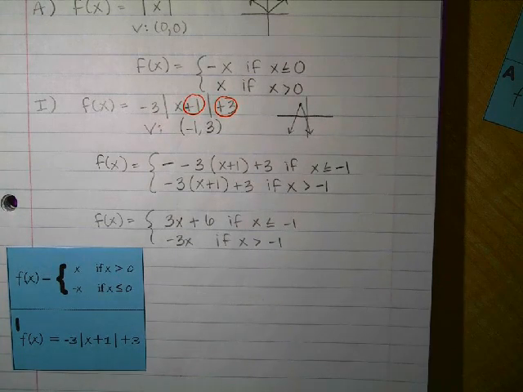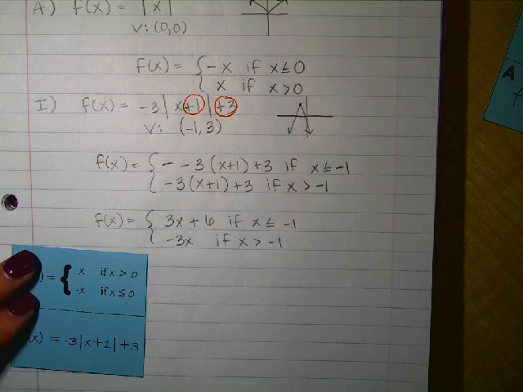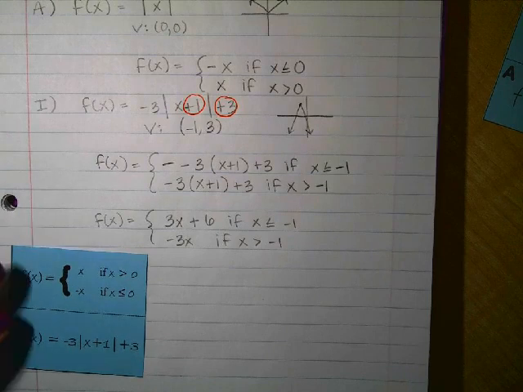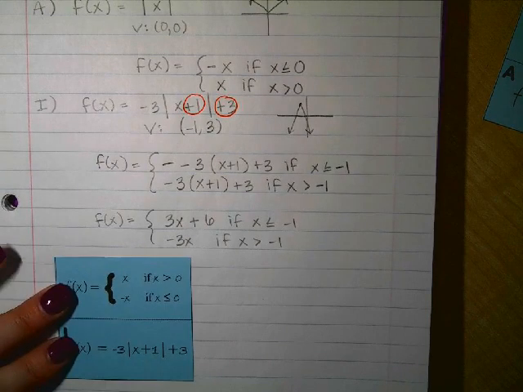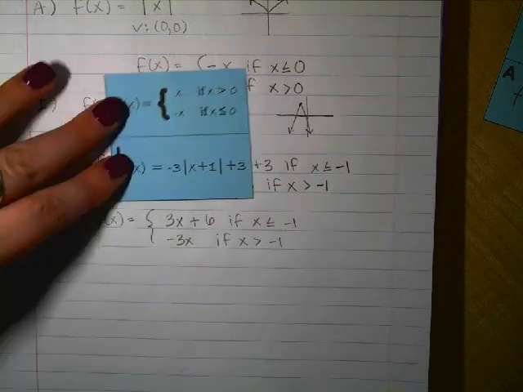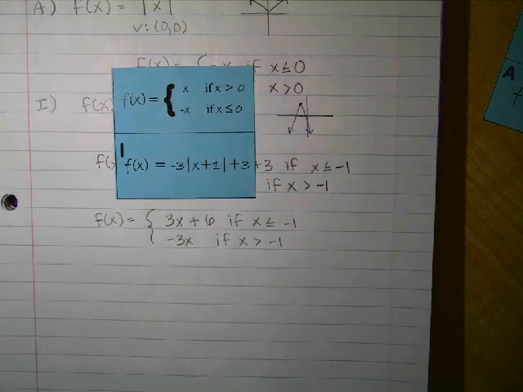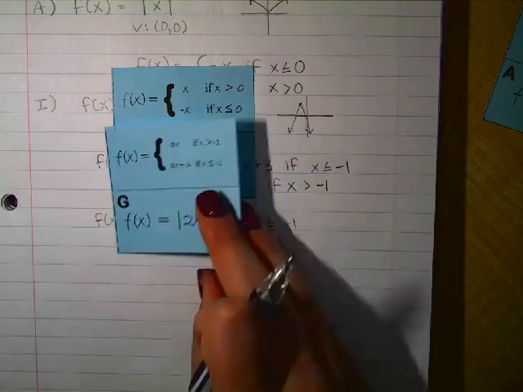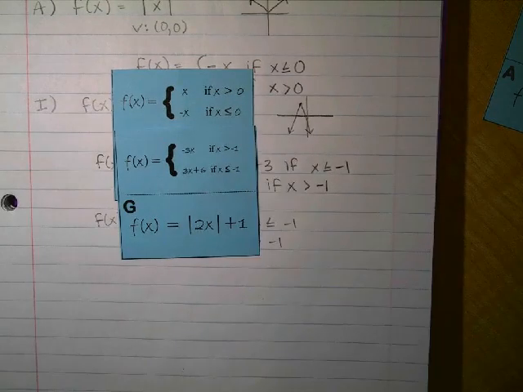And then once you have it, you're looking for the next card. Can you put -3x plus 0? Or is it, you can put +0. Yep. Okay, and what card goes next? G. G goes next. So the answer from G.